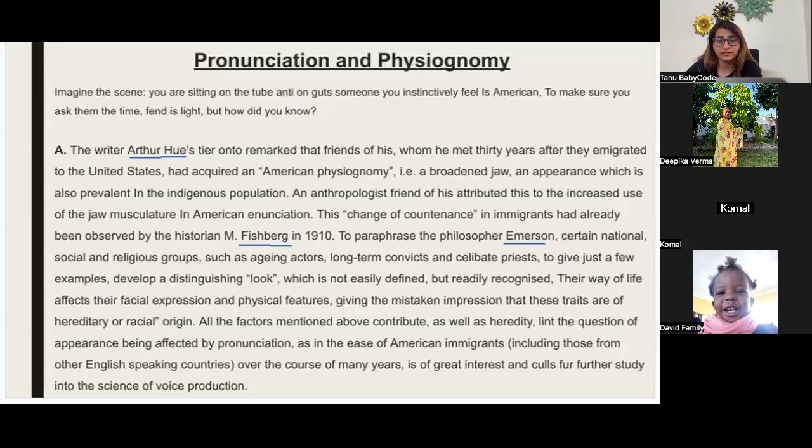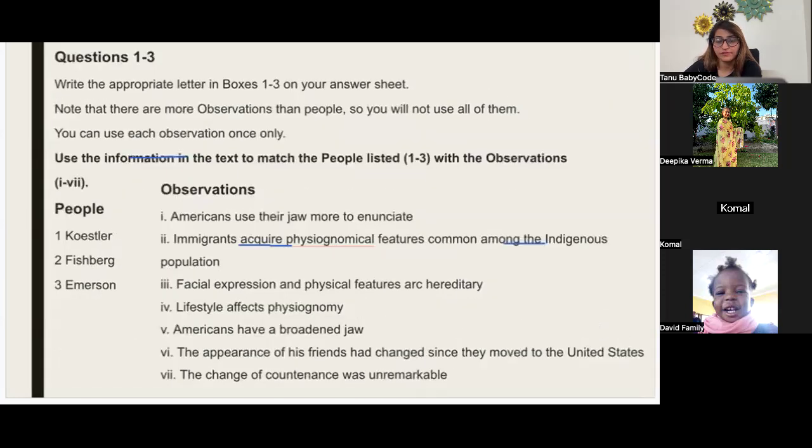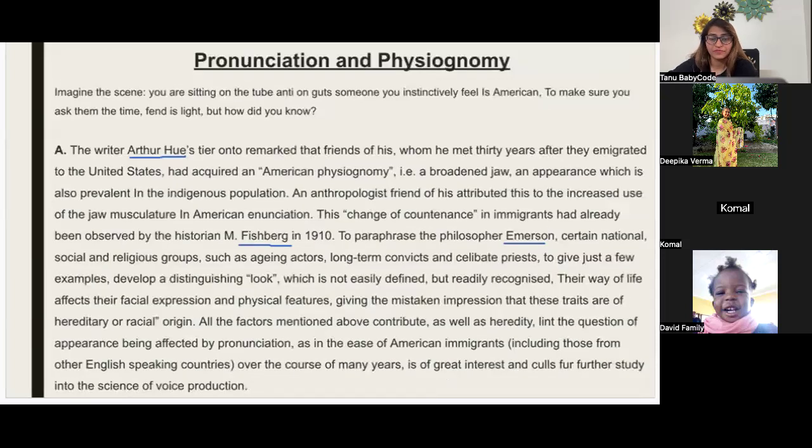Are you able to find it? Yes, Deepika, Komal. See, the very first name is Koestler. So what does Koestler talk about? See, the writer Arthur Koestler went on to remark that a friend of his whom he met 30 years after they emigrated to the US had acquired an American physiognomy.